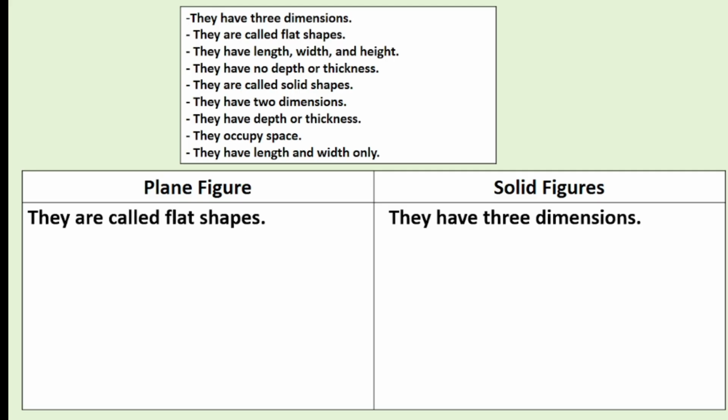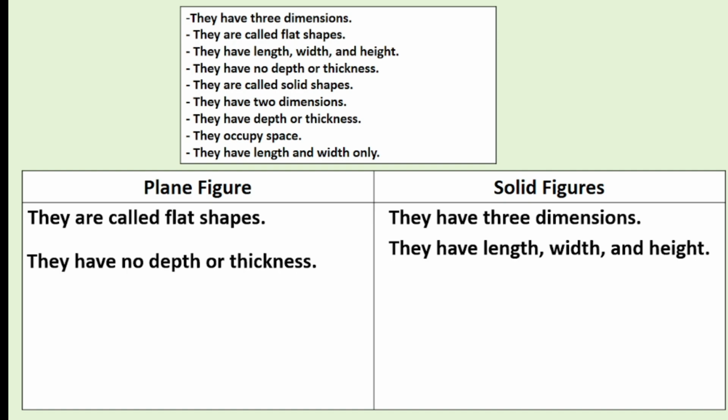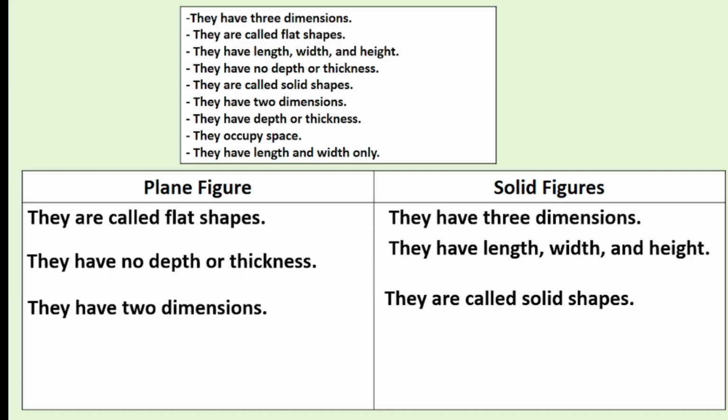Plane figure. They have length, width, and height. Solid figures. They have no depth or thickness. Plane figure. They are called solid shapes. Solid figures. They have two dimensions. Plane figure.